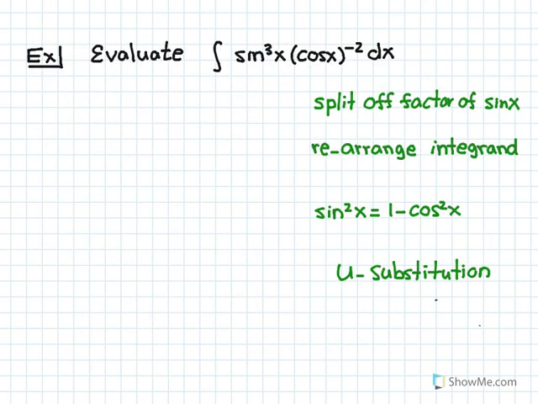All right, another question. Here we have the integral of sine cubed x times cosine x to the power of minus 2. So it's a little bit different than what we've done. We've got a negative power. So the first thing we do is split off a factor of sine x, reducing the odd power by 1. So we have the integral of sine squared x times sine x times cos x to the power of minus 2.